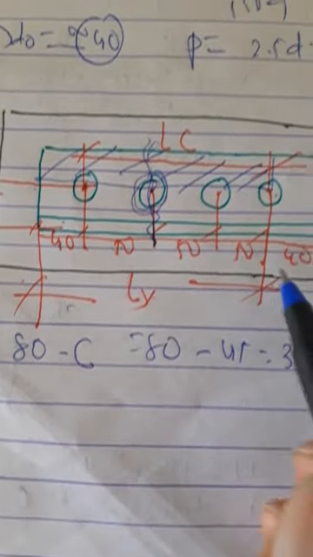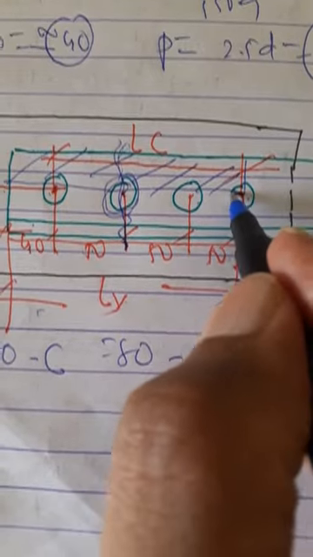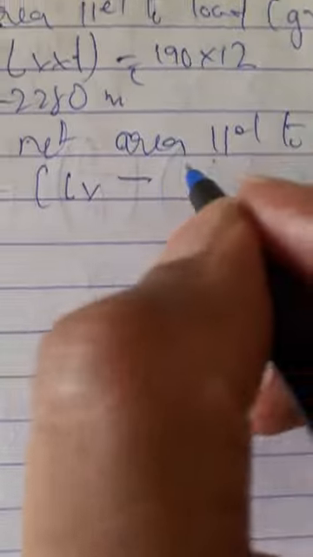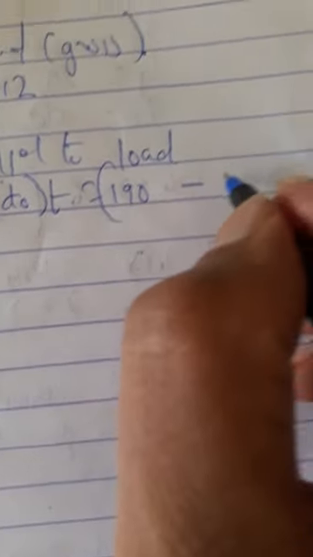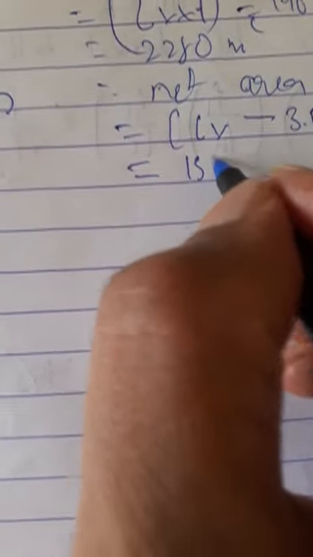So this Lv minus 1, 2, 3, three full bolts and half of this, only this much. So 3.5 d0. So (Lv minus 3.5 d0) into t. You have the answer (190 minus 3.5 into 22) into thickness 12. So you get the answer Avn as 1356 mm square.